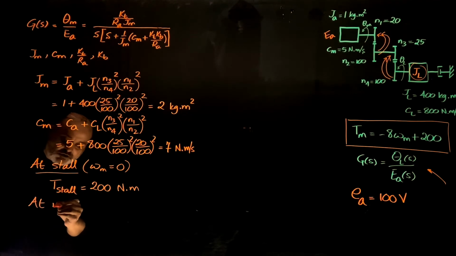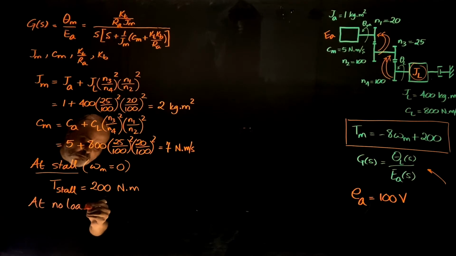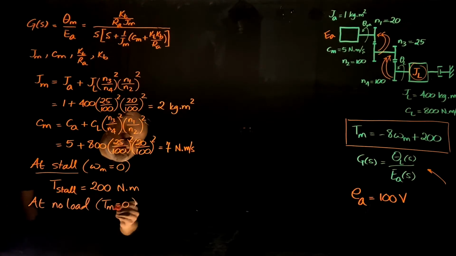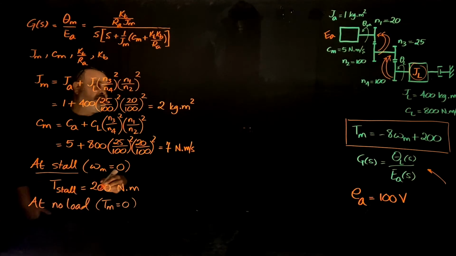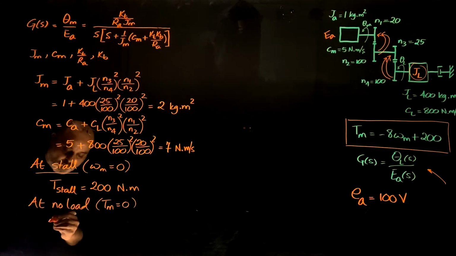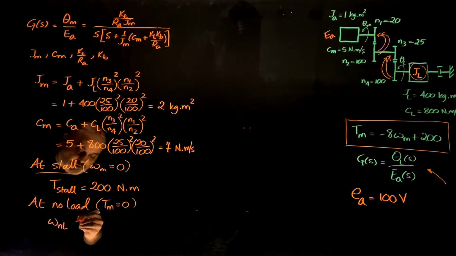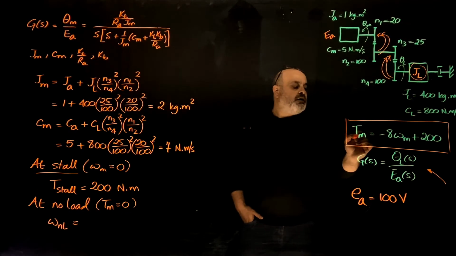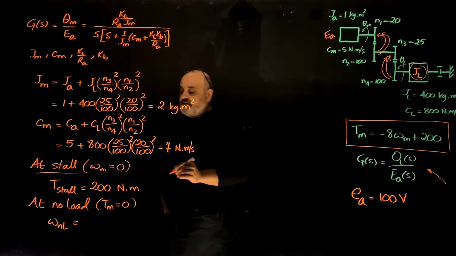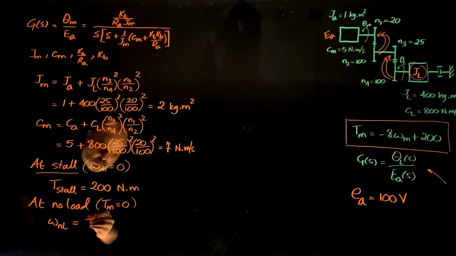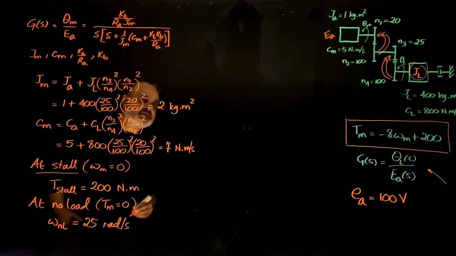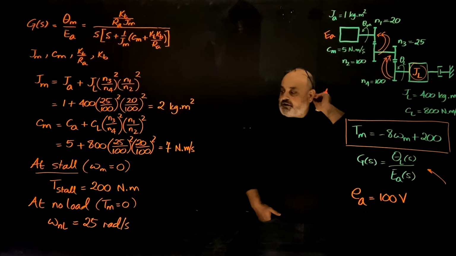At no load, which basically means that the torque is 0, then omega no load, substitute 0 in here. Omega becomes 200 divided by 8, that's 25 radians per second. So now I have my stall torque and the no load omega.